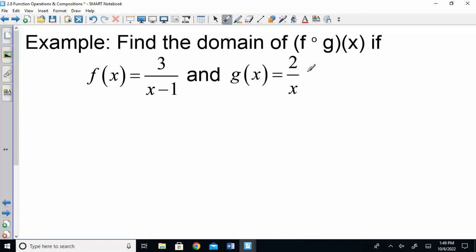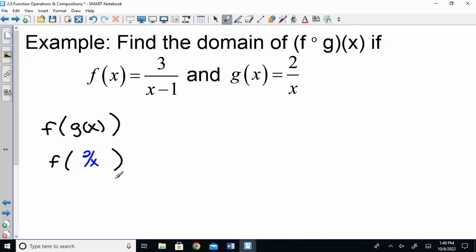This time I'm only asking for f composed with g, so I'm not making you do both of them. So if I did f of g of x, so when I look at that, we start on the inside.